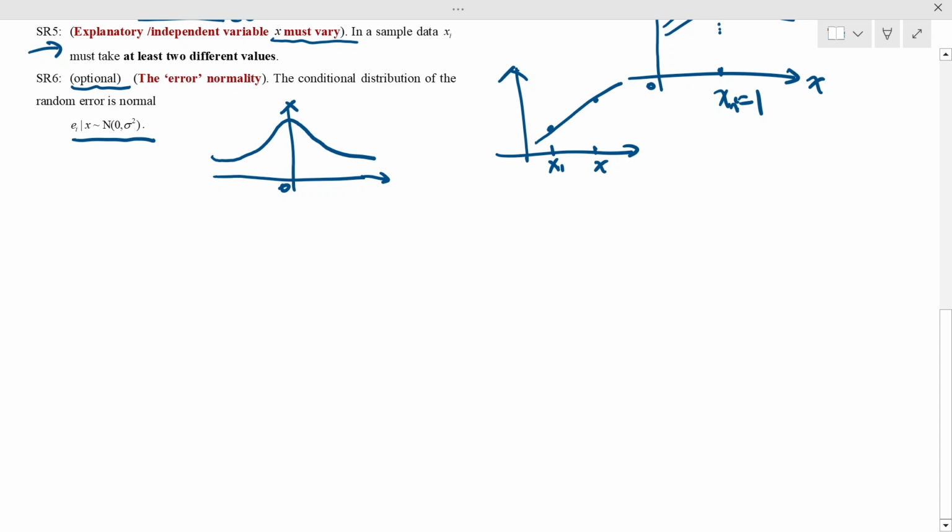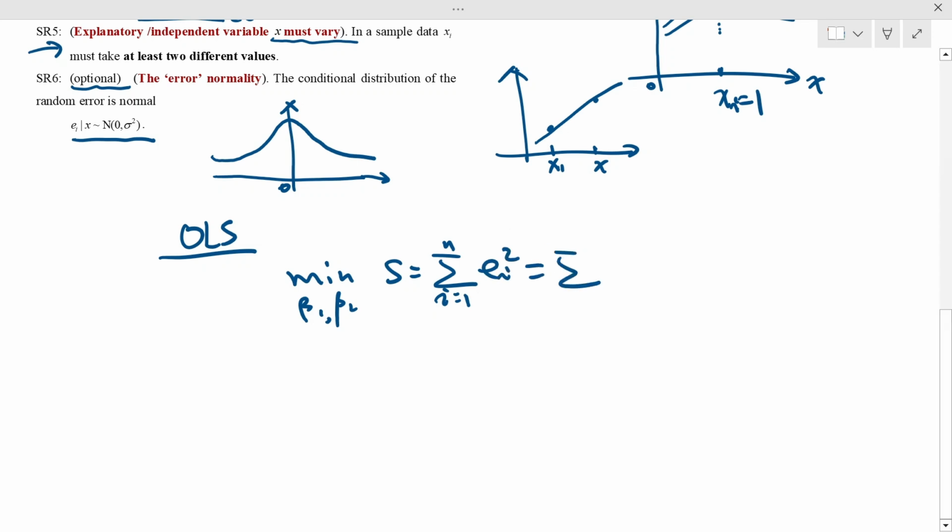Okay, so we have the OLS estimator. We want to minimize the sum of squared errors.